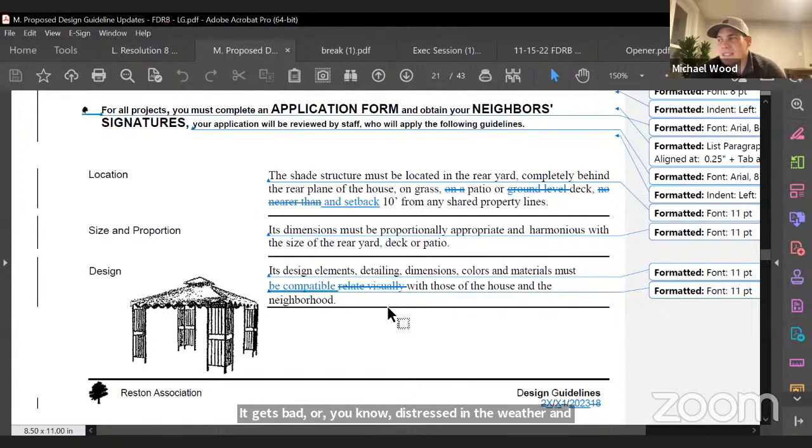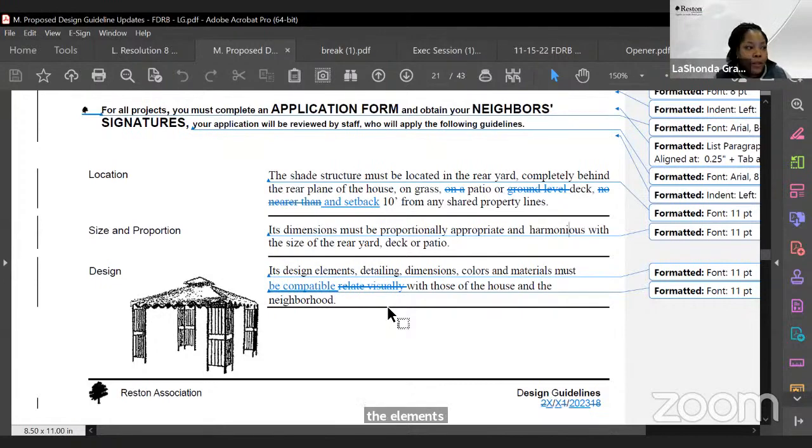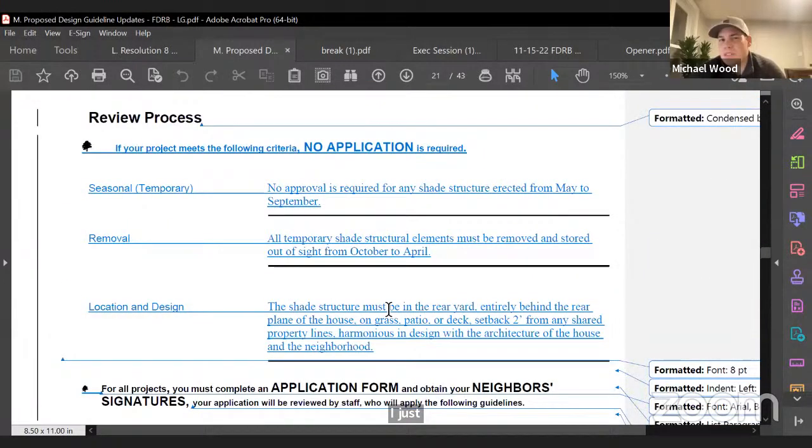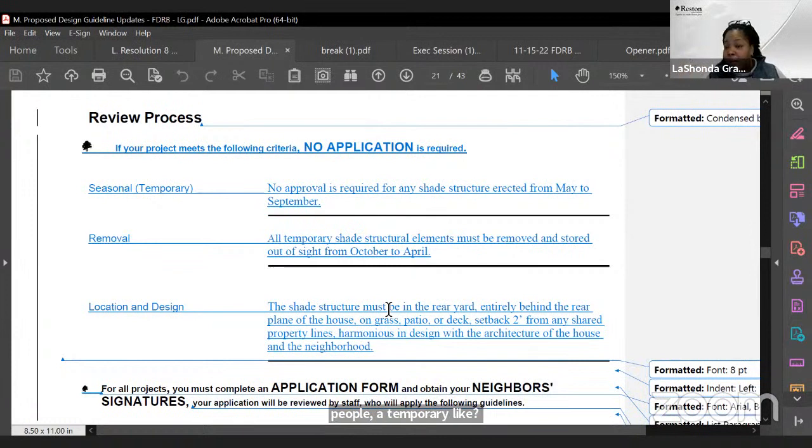Why are we offering that even as an option for people, a temporary one? Are we just thinking like an umbrella? Just like anything temporary, it could be an umbrella, it could be some sort of tent, as long as it's up between May and September, and it must be removed and stored out of sight between October and April.